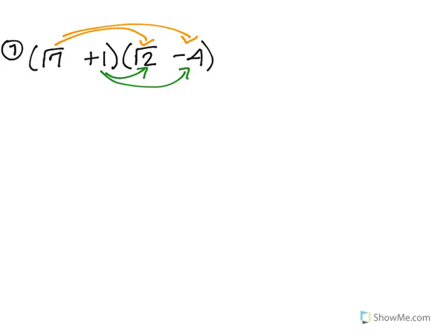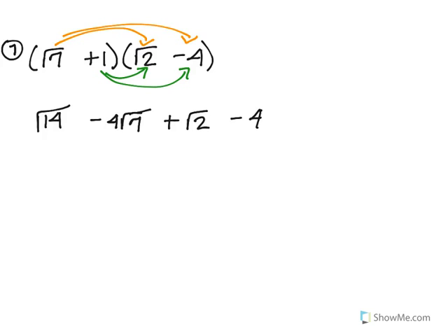So, square root of 7 times the square root of 2 is what? Square root of 14. Square root of 7 times negative 4. Good. Negative 4 square roots of 7. Now, if you multiply by 1, 1 times square root of 2 is just square root of 2. And 1 times negative 4. Very good.